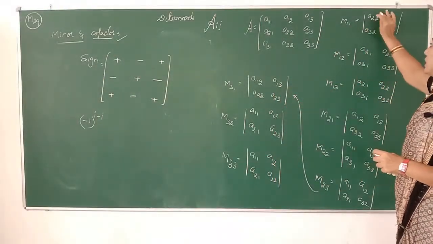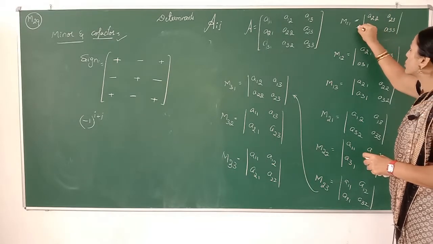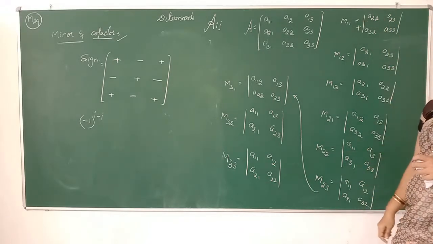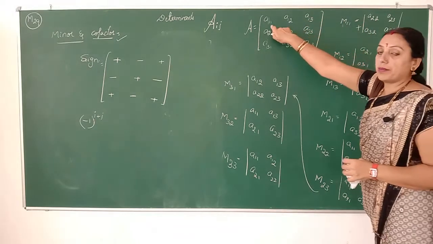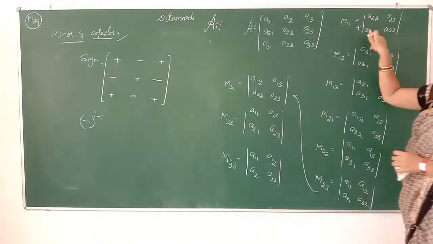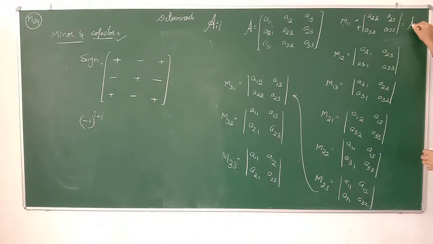The first element is multiplied by positive, which is called the cofactor of the first element, A11, denoted by capital A11.